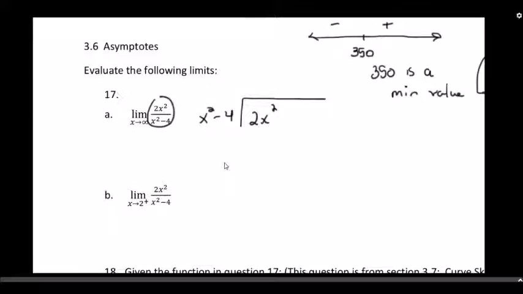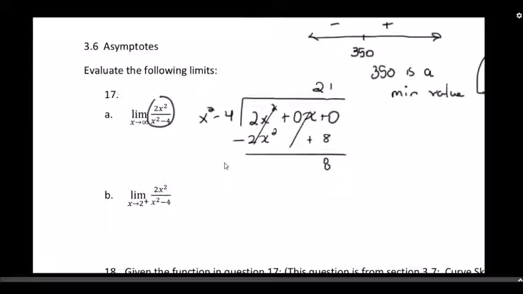The 2x squared on the inside has to have a 0x and a 0 to make the division possible. x squared goes into 2x squared twice, and then 2 times x squared is 2x squared, and then 2 times negative 4 is negative 8. Draw the line, switch the signs, so that's minus, that becomes plus. So cancel, there's nothing there. We have 8 as the remainder.